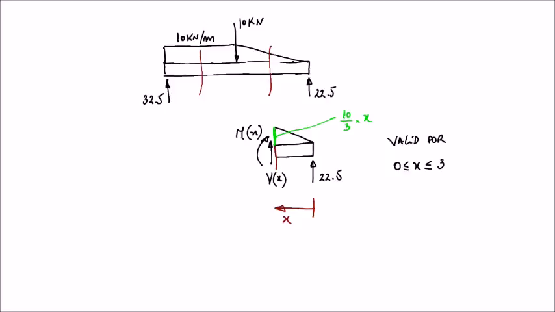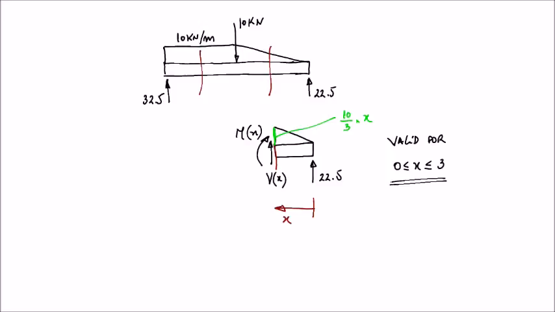If x is bigger than 3, it means we are cutting the beam in section A and between A and the midpoint of the beam, so we need to have a new free body diagram for that. We are going to do that later. So this analysis is for x between 0 and 3. Don't forget, x is starting at point B and going into the left direction.